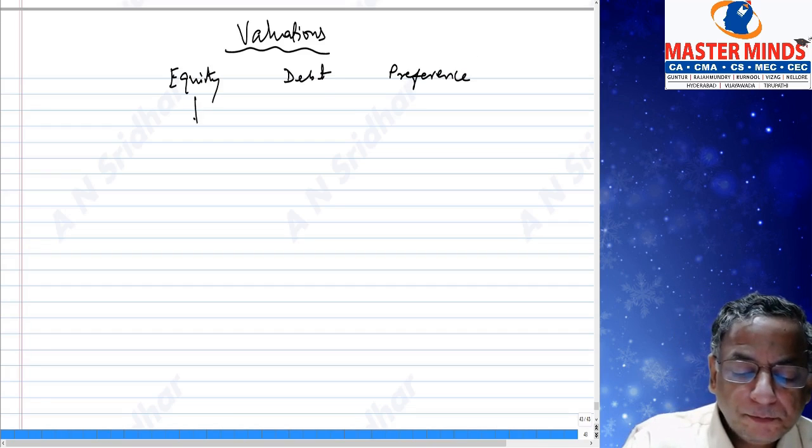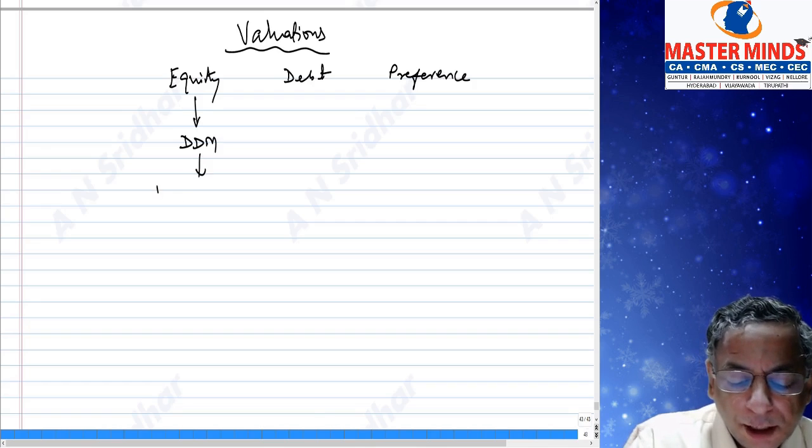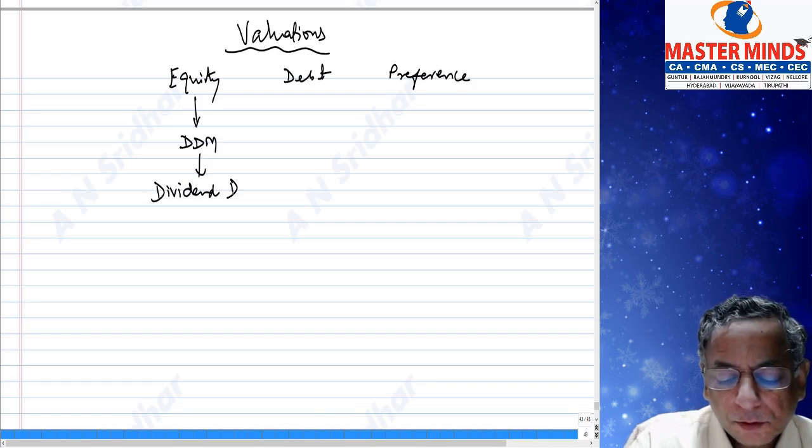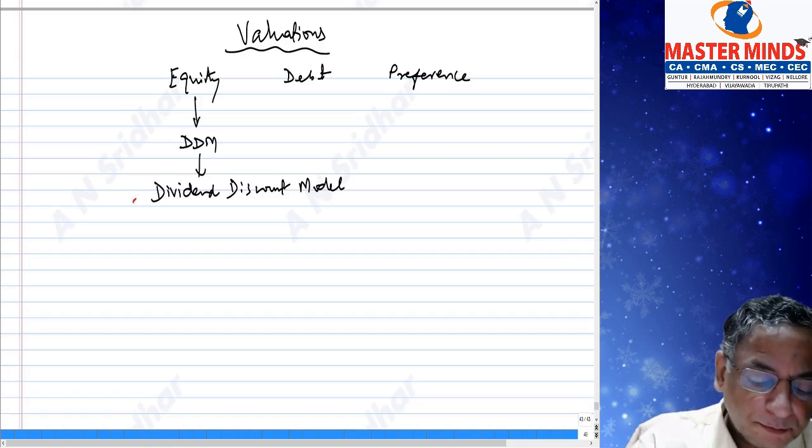Equity, one of the methods is DDM, that is dividend discount model. So we are going to study this.